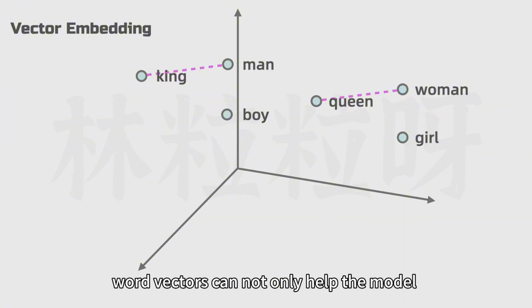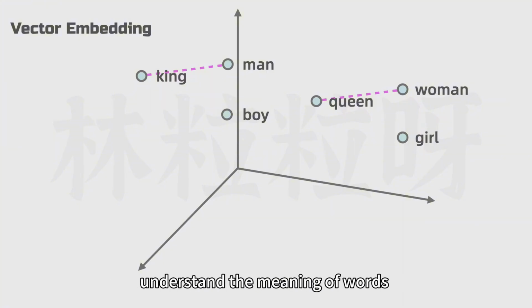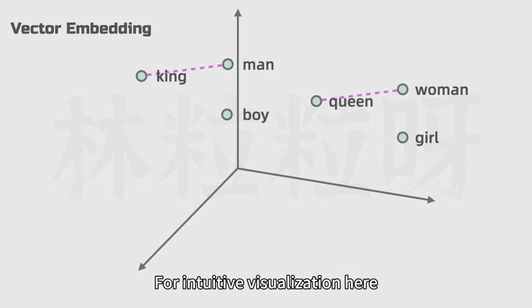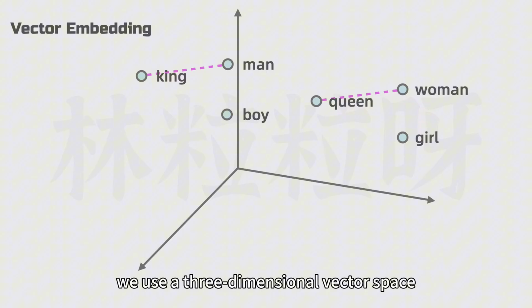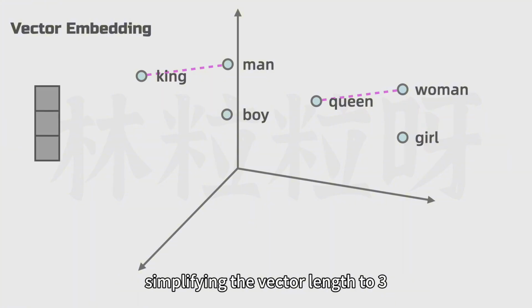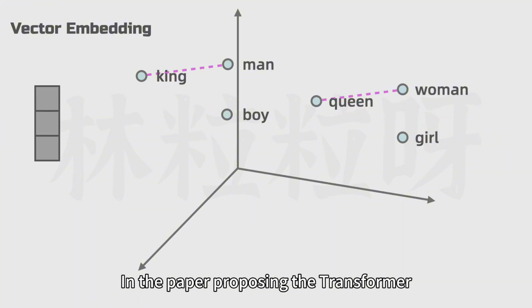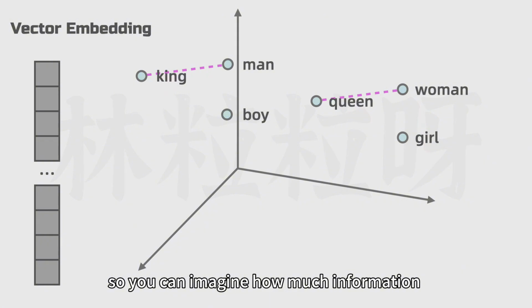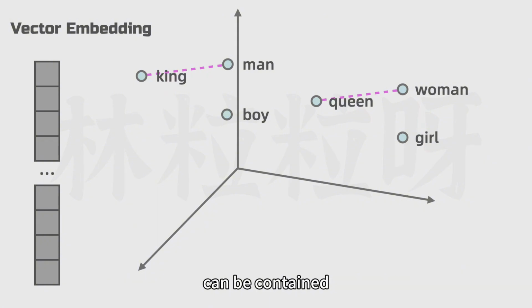Therefore, word vectors can not only help the model understand the meaning of words, but also capture complex relationships between them. For intuitive visualization here, we use a three-dimensional vector space, simplifying the vector length to 3. In the paper proposing the transformer, the vector length was 512, and in GPT-3, it is 12,288. So you can imagine how much information can be contained.